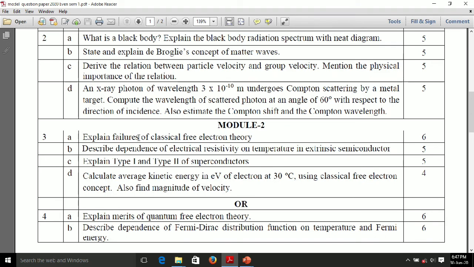You are observing here: explain failures of classical free electron theory, and describe dependence of electrical resistivity on temperature in extrinsic semiconductor. These two questions are from the first part of the second module, whereas explain type 1 and type 2 superconductors is from the second part. So you have to study the complete content of each module. Don't make any selective study.